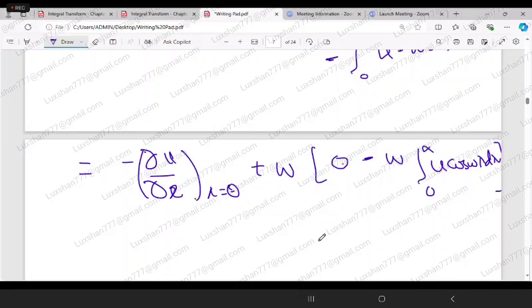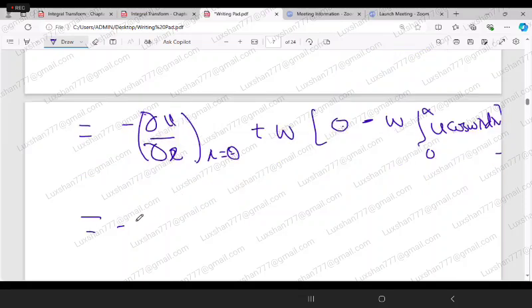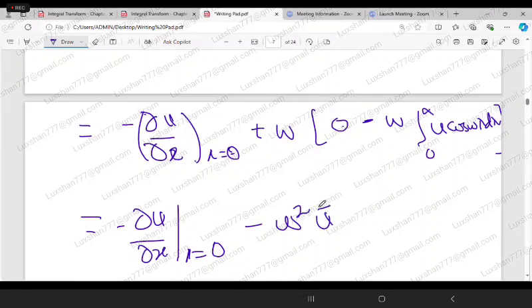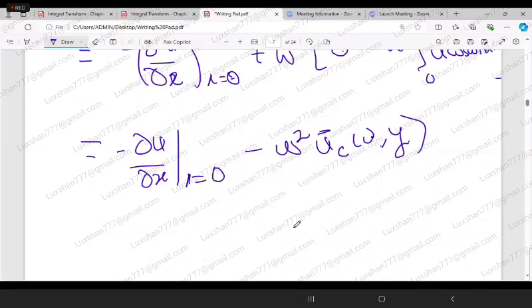Okay, so this is equal to minus ∂u/∂x at x equals 0 plus, so the plus omega and minus omega is here, therefore minus omega squared, and this is nothing but u bar c omega y. So this is also with the assumption u, ∂u/∂x tends to 0 as x tends to infinity.